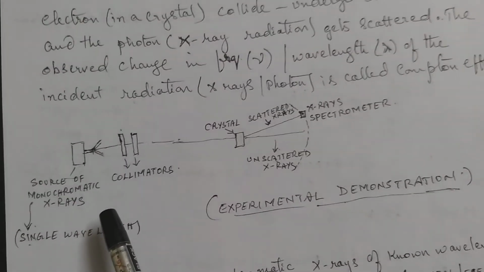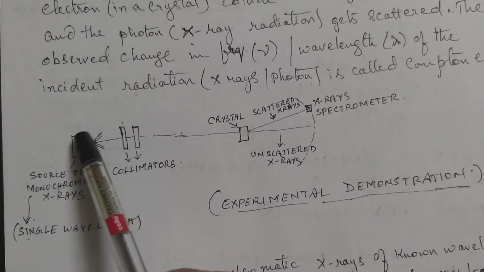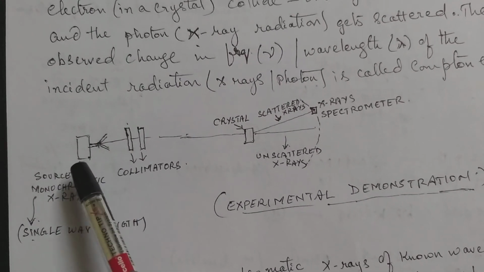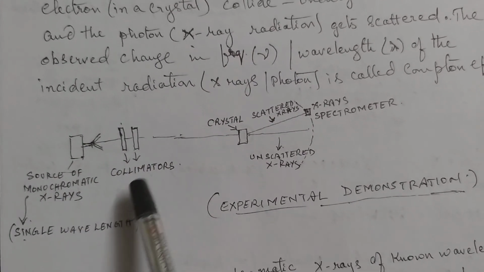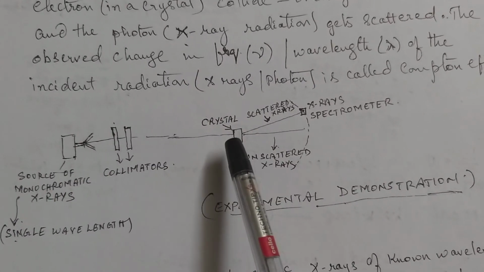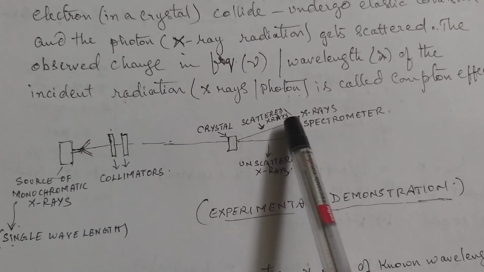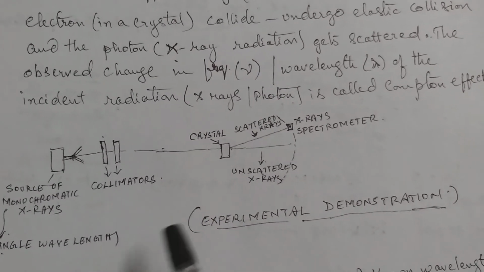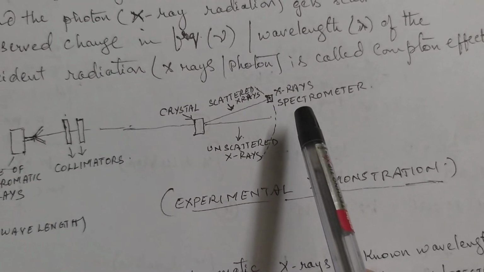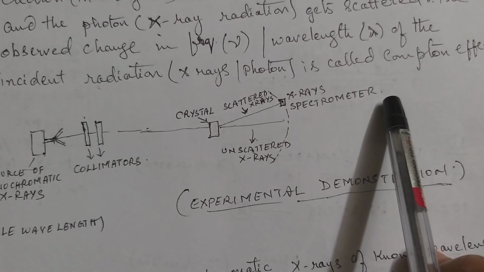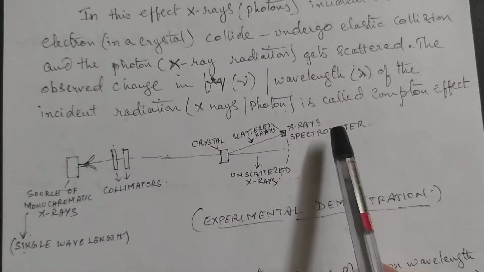Here we have shown a rough figure of the experimental demonstration. This is a rough source of X-rays streamlined through the collimator and falling on a crystal, and coming out of the crystal in a different direction from the original direction, and they are detected by a spectrometer, the X-ray spectrometer, not the normal one.